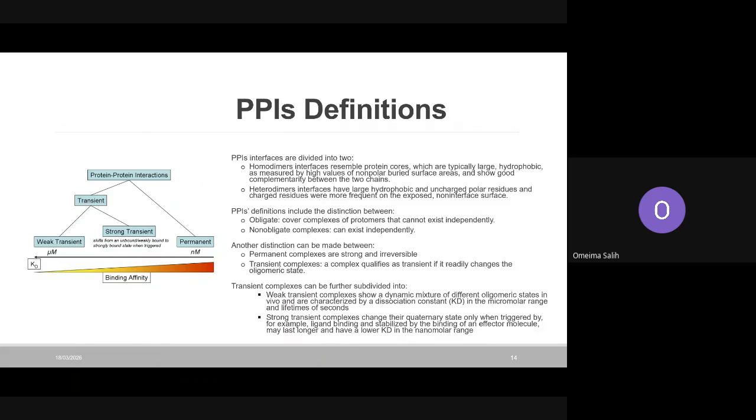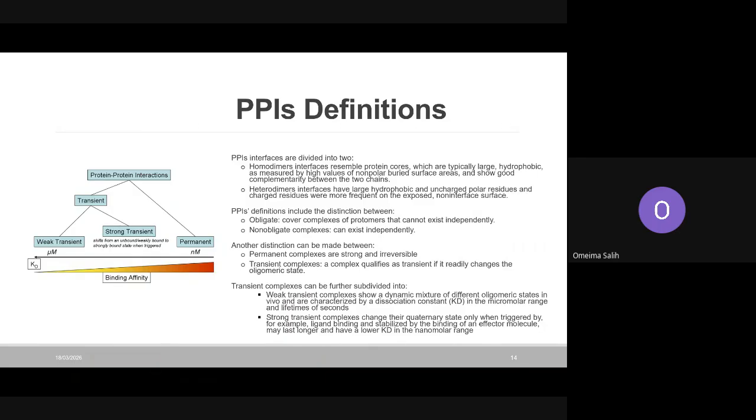Even if they are transient, they could be weak and they could be strong. So weak or strong defines the dynamics of the reaction between the two or the three polypeptide chains or more, depending on the number of polypeptide chains that are part of the interaction. So this again defines the dissociation constant.